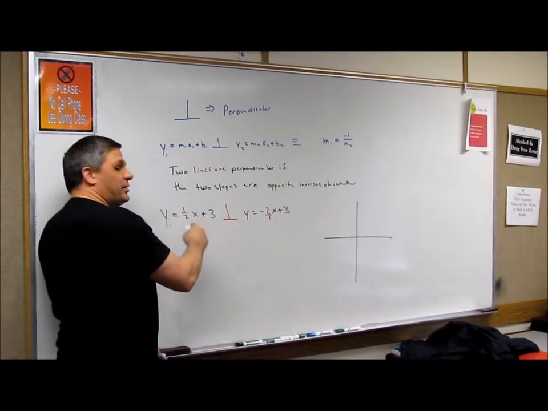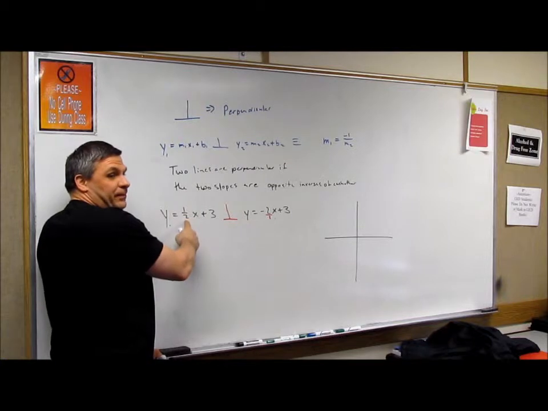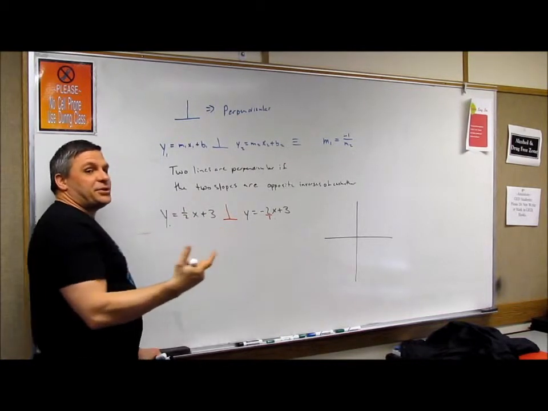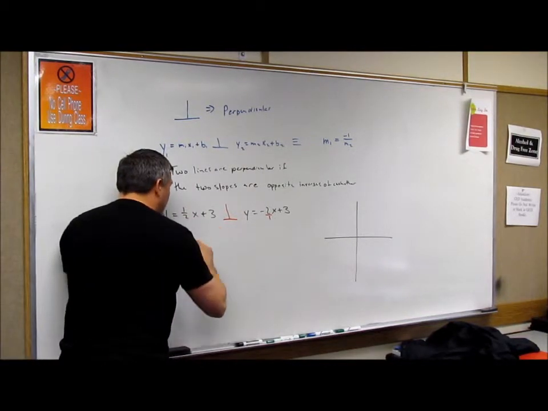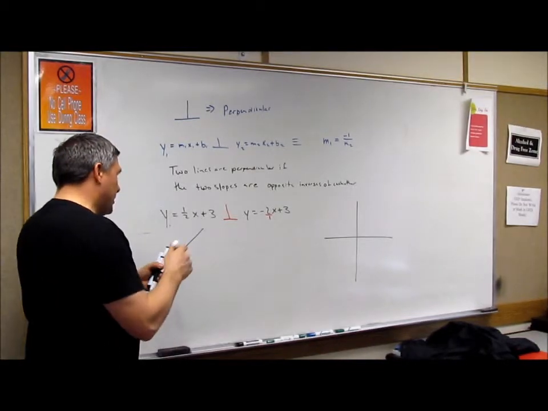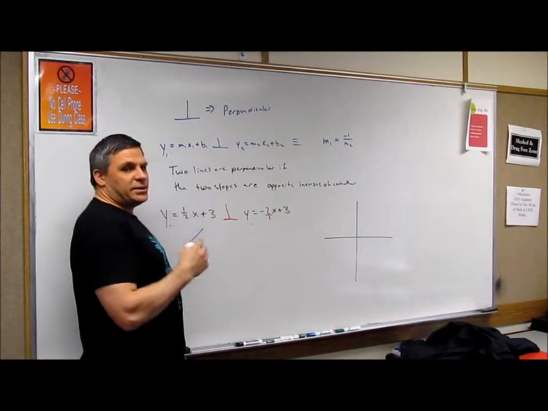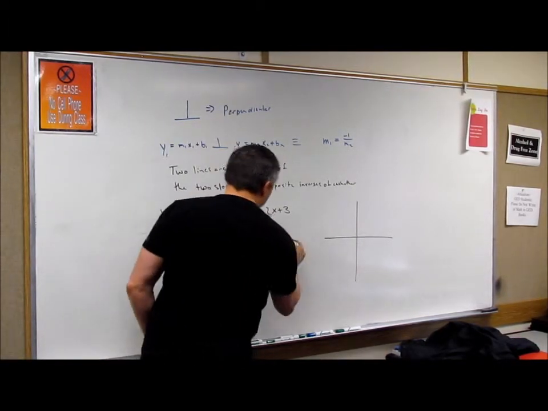The line? Yeah, because this is a positive slope, right? Oh, slopes. Yeah, I'm talking about the slopes. So this is a positive slope, so it goes up from left to right. And this one, the green one, is a negative slope, so it goes down from left to right.